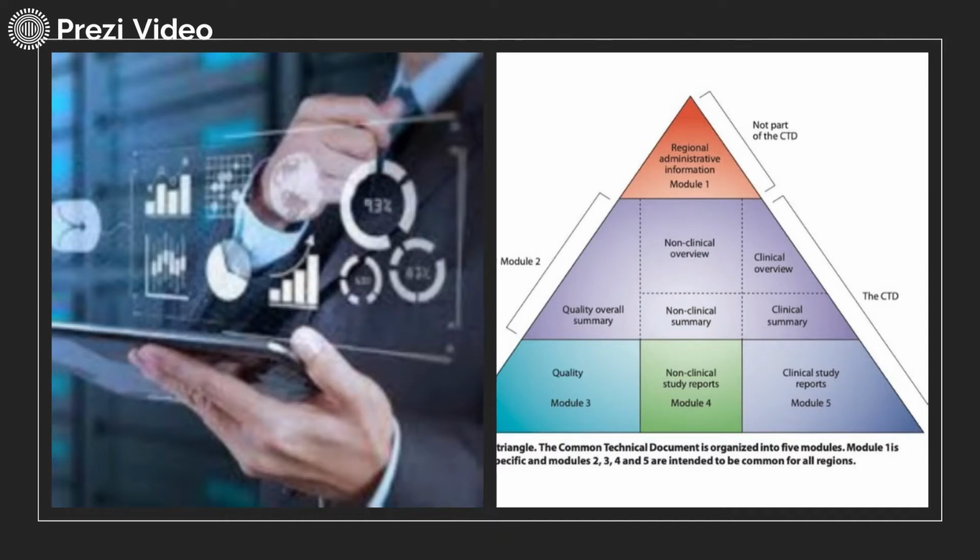It covered the non-clinical overviews and summaries, but also the clinical overviews and summaries. Module 3 was completely focused on the quality part of the dossier. Module 4 comprised the non-clinical study reports, all the reports performed on animals, and Module 5 comprised the clinical study reports.